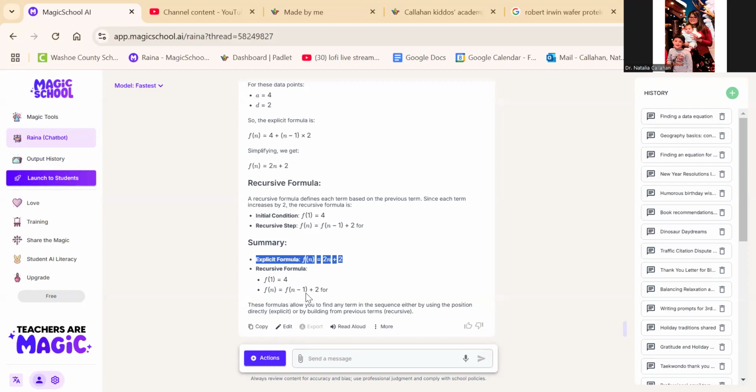F of n minus 1. So I really don't know how she expects you to know how to do that. So for your recursive formula, you could do t of n is equal to t of n minus 1 plus 2. I actually don't really understand it either, but you know, it's fine.